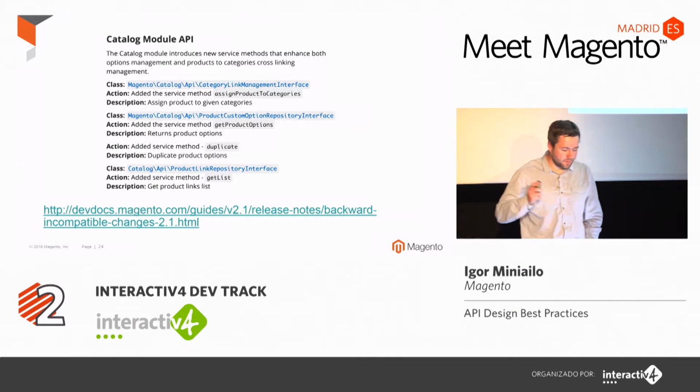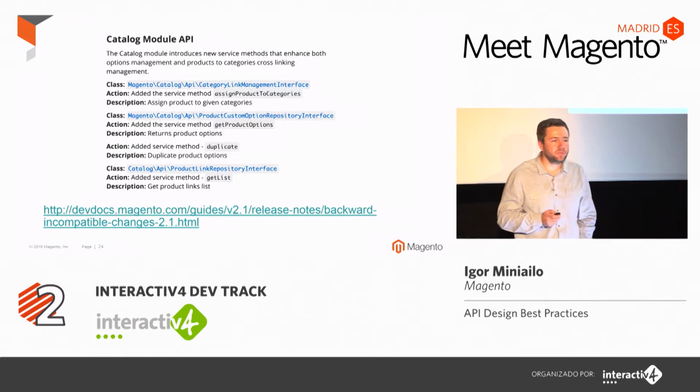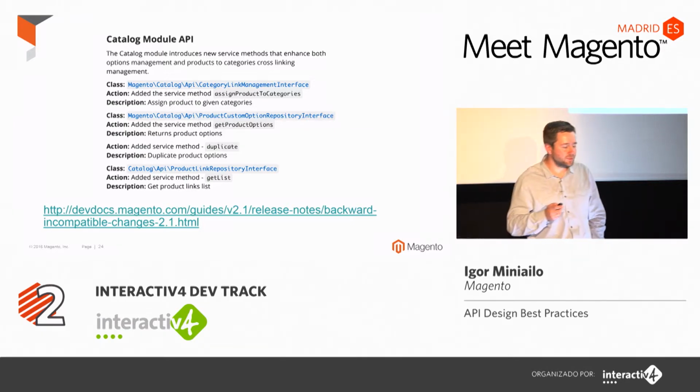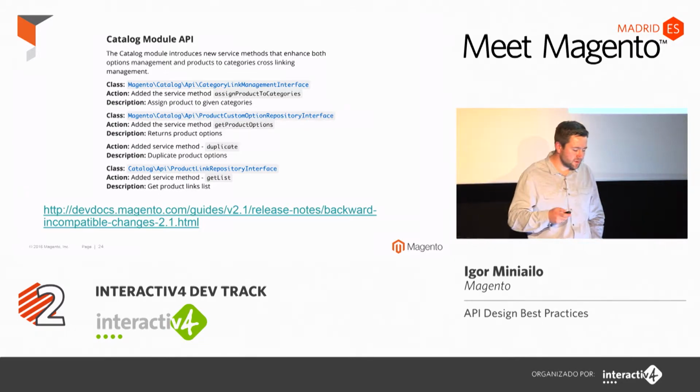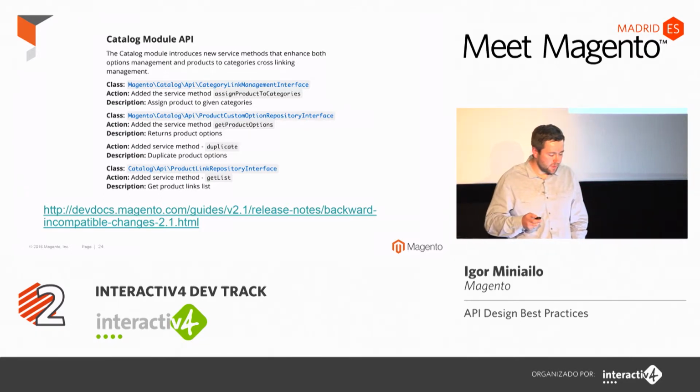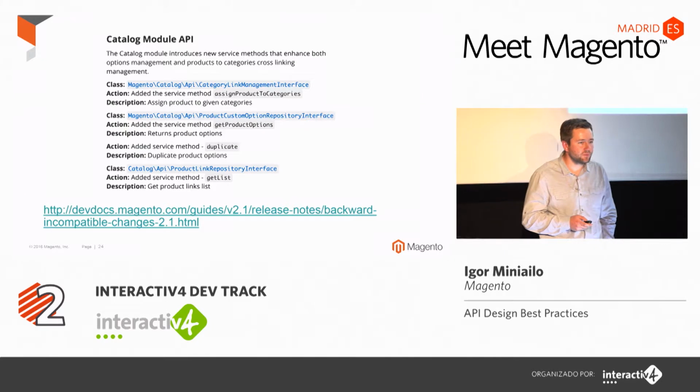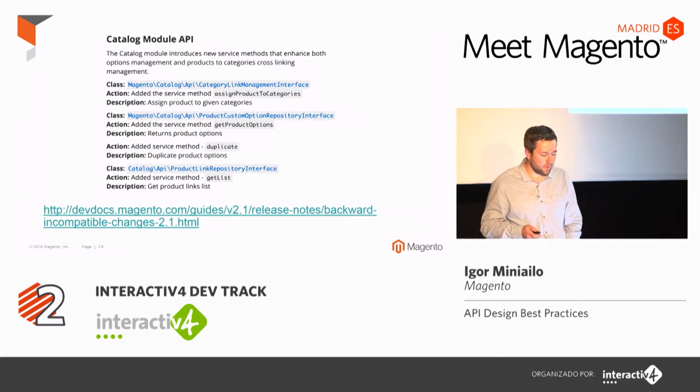Yeah, and like I said about predictability, when releasing a big commercial release of Magento like 2.2 or 2.3, we announce the list of backward incompatible changes for our public contracts, for our APIs.